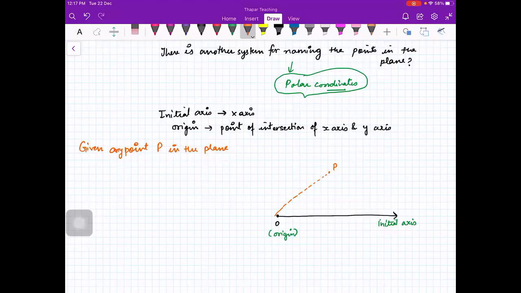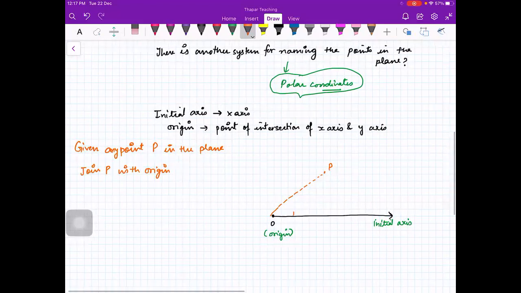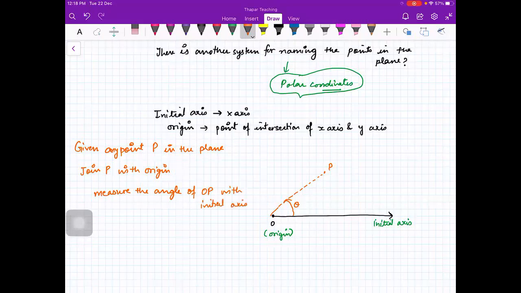So given any point P in the plane, join P with the origin, and measure the angle theta of OP with the initial axis. And measure the distance OP. We call this r and we call the angle theta. So the name of the point is r comma theta.